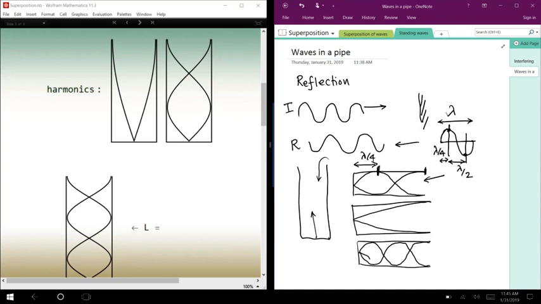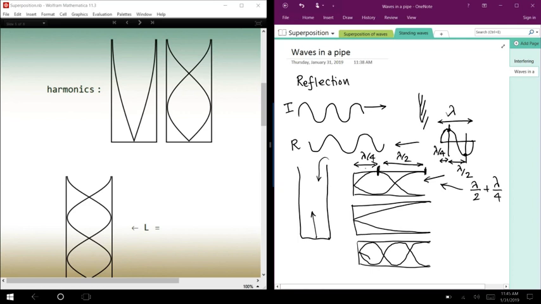Okay. So that means that the standing wave pattern that formed inside this pipe in this first situation has length equal to lambda over 2 plus lambda over 4. And that must be equal to the length of the pipe itself, right? Because lambda over 4 is this part, lambda over 2 is this part.